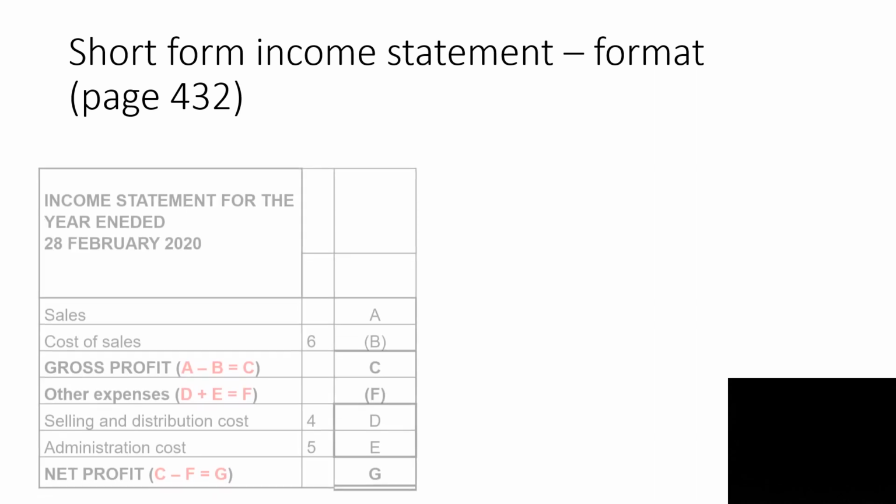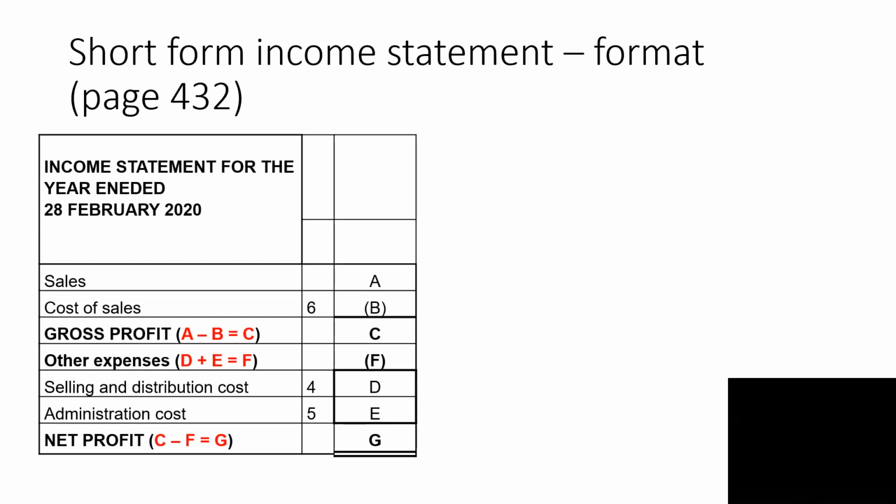Now the format of the short form income statement is represented in our textbook, page 432. We start with our sales, which we said might be given or otherwise. Then our cost of sales, which we calculate from note 6, I refer to it as B. Our gross profit will be A minus B to give us C, the gross profit.